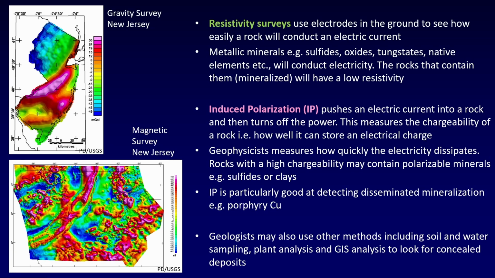So it's really helpful when looking for porphyry coppers, because even if your sulfide mineralization is spread out as this mist of fine copper sulfide crystals throughout your volume of rock, an induced polarization study will fire the electric current into it, and it will say, right, this rock is actually quite chargeable, even though I can't really see the mineralization that easily. That would suggest that this rock contains a lot of very fine disseminated mineralization.